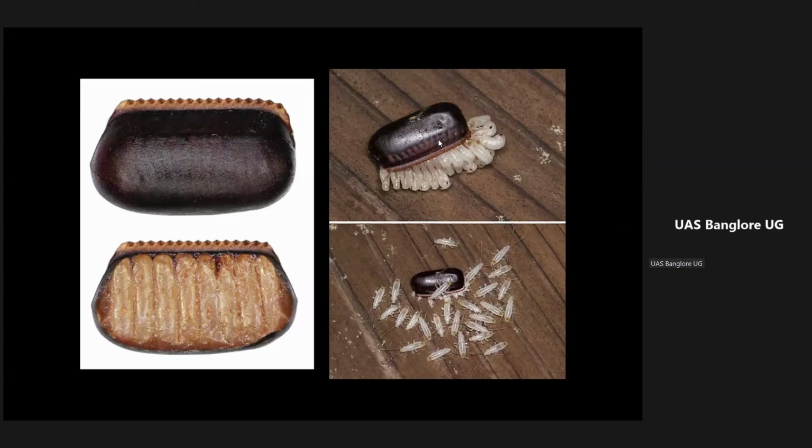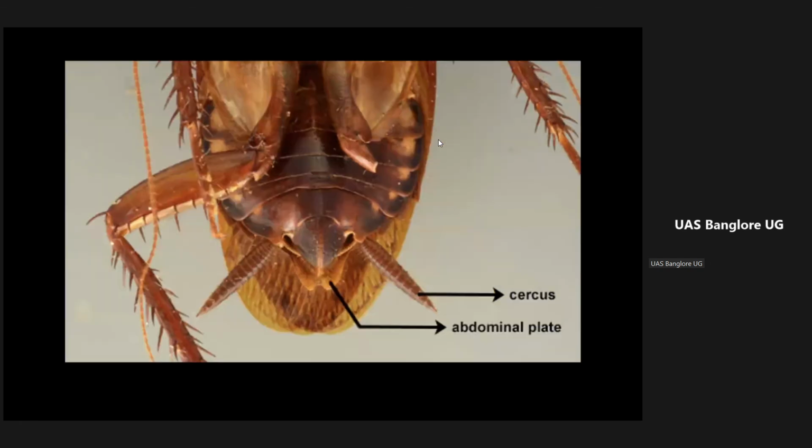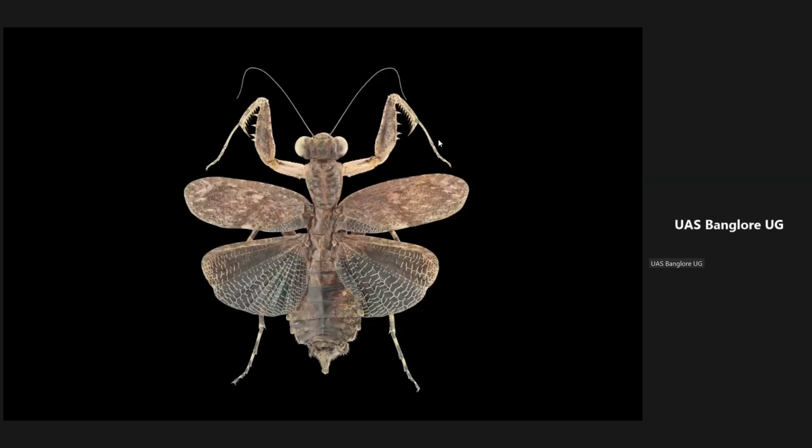That is how you can understand the ootheca. You can see that the nymphs just hatching from the ootheca are all in paired numbers. Apart from that, they have cerci and styli, so you know how to identify a male and a female. Clear? Then, coming to the next insect order, that is Mantodea, after Blattodea.